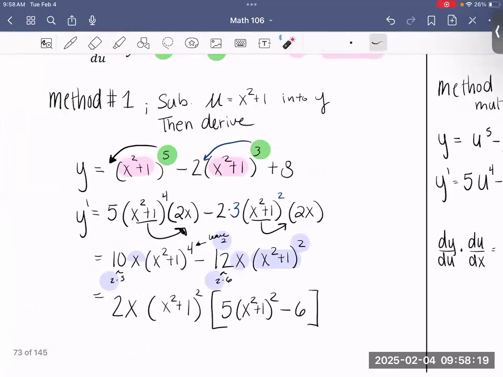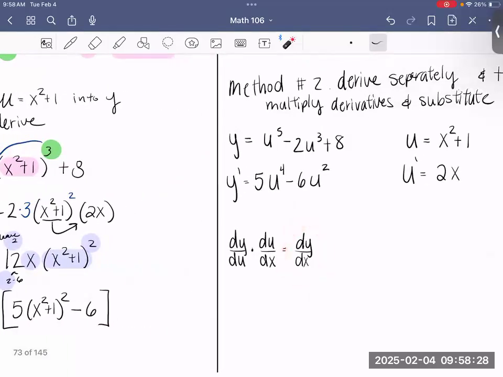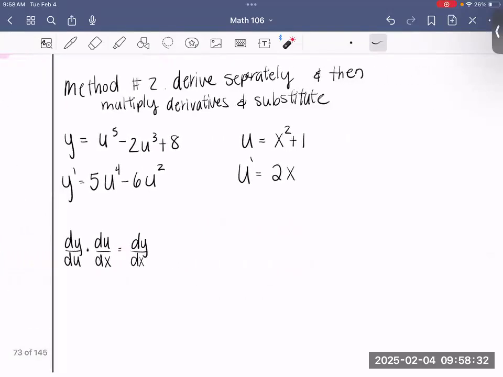If you didn't notice, right, we substituted with u, but now all of a sudden we're working with a variable x. This is how we end up getting dy dx. Because here we have du over dx. We derived x in terms of u. Over here, we have dy over du. So we derived y, but in terms of u.